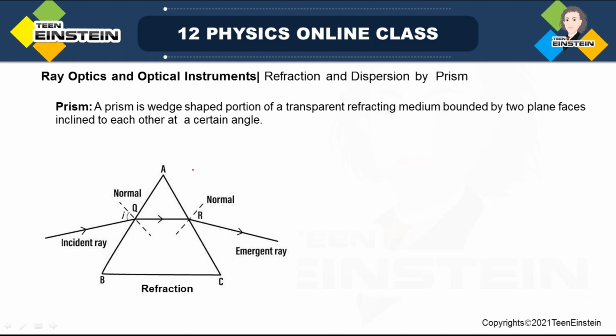Sometimes this prism can be an equilateral triangle, that means all the sides are equal.